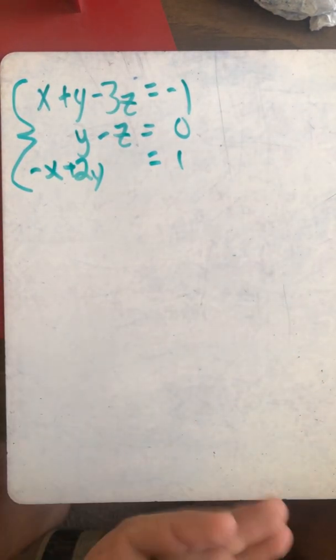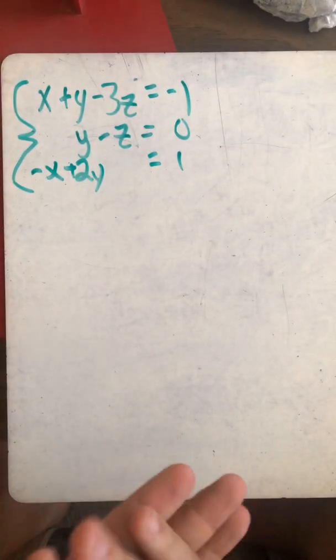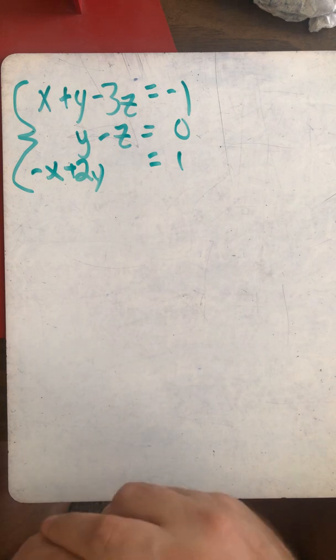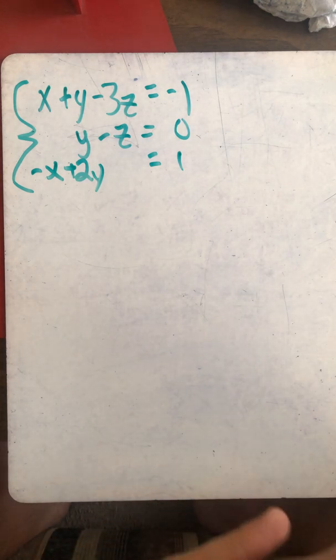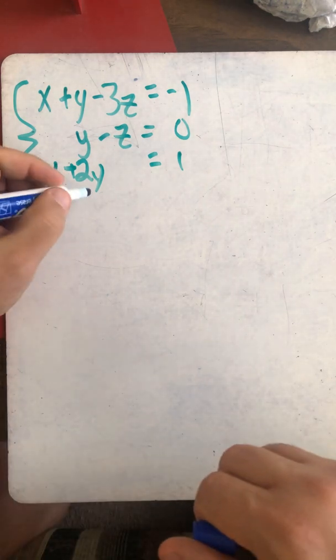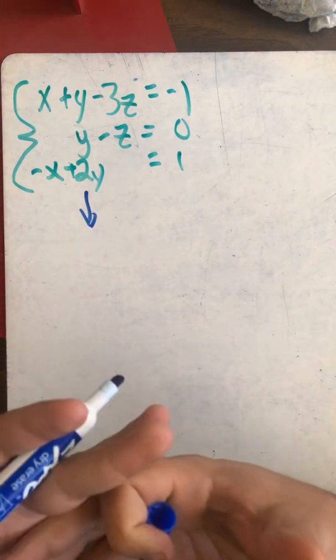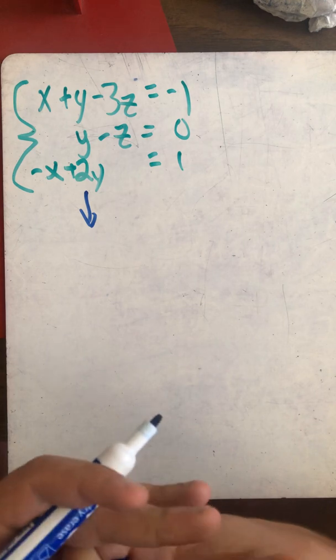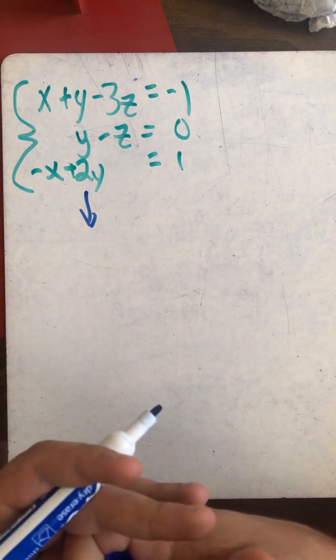So this one's already quite a bit different because there are multiple missing variables. So we are going to have to choose which two variables we want in the next round, because ultimately we want two equations with two variables. I really don't care which two variables you want to use.